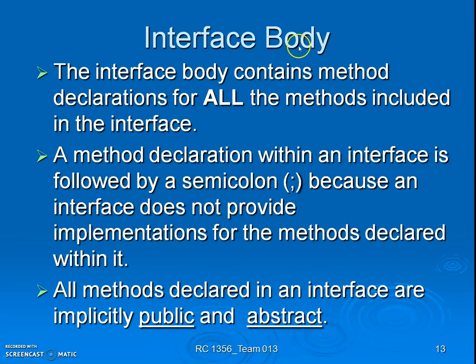The interface body contains method declarations for all the methods included in the interface. A method declaration within an interface is followed by a semicolon because an interface does not provide the implementations for the methods declared within it, which means its body. All methods declared in an interface are implicitly public and abstract.